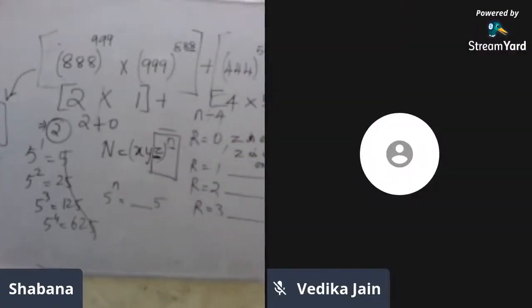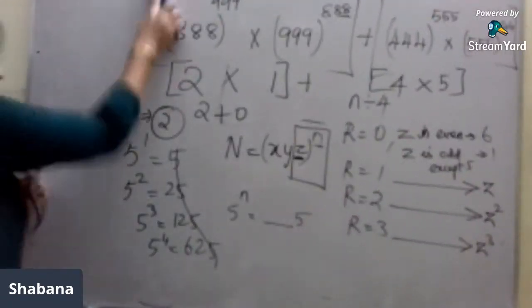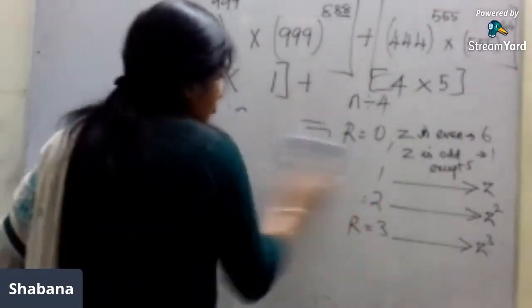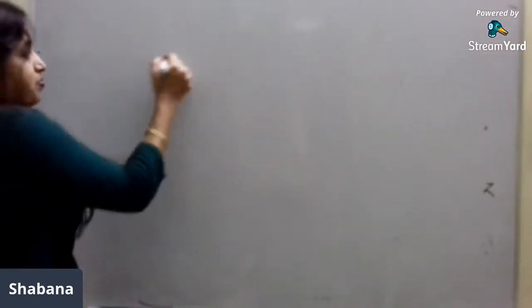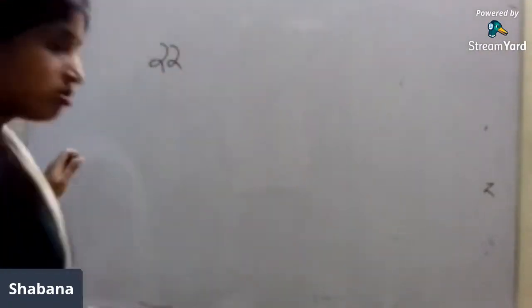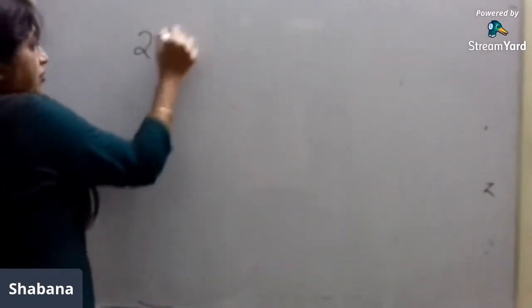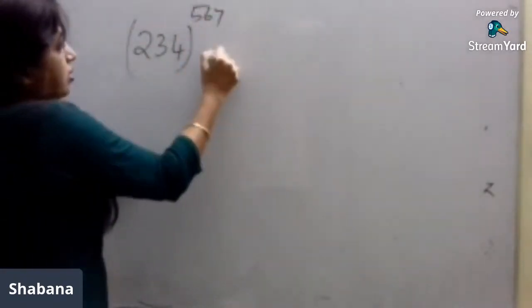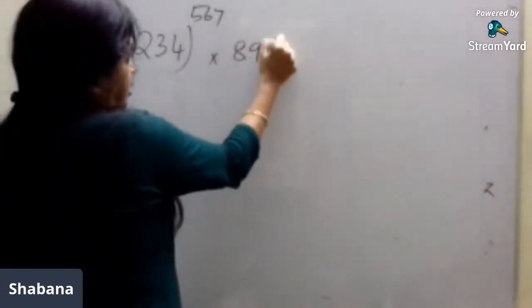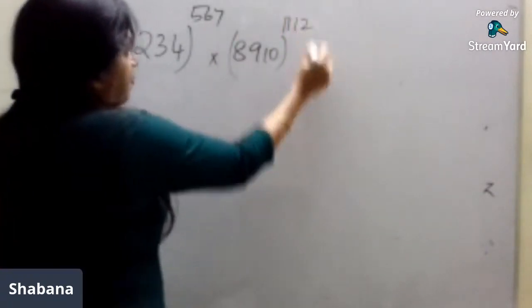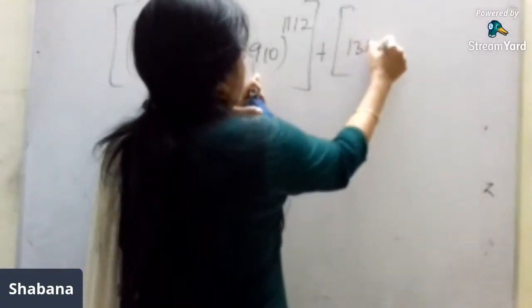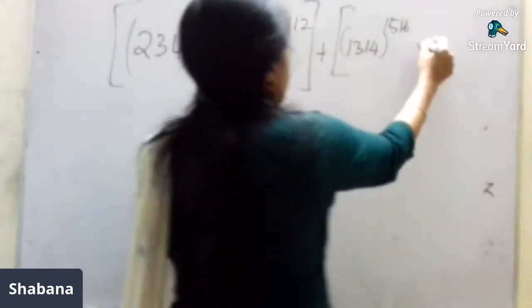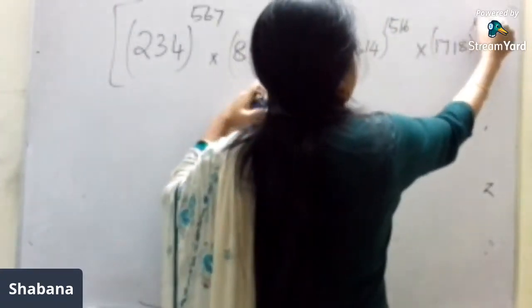Now let me take this number. Let's say 2, 3, 4 to the power 5, 6, 7, into 8, 9, 10 to the power 11, 12, plus 13, 14 to the power 15, 16, into 17, 18 to the power 19, 20.